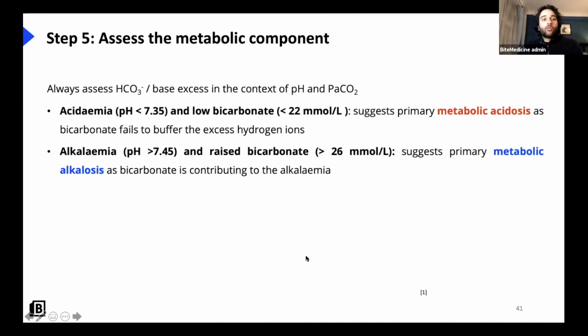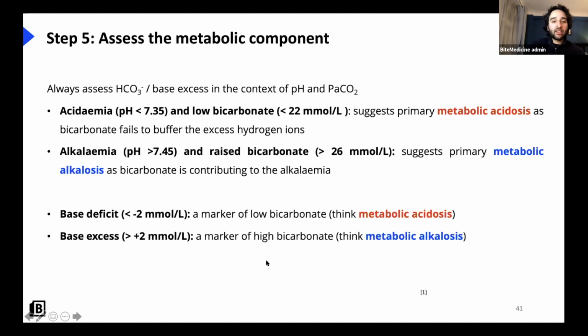So we've talked a little more about how to assess bicarbonate and base excess in the context of pH and PaCO2. Remember to always assess them alongside one another. I'm not going to repeat all of this again. Just remember to look at the pH and the bicarbonate together, and then the base excess alongside that is a useful indicator of the degree of metabolic acidosis or alkalosis.